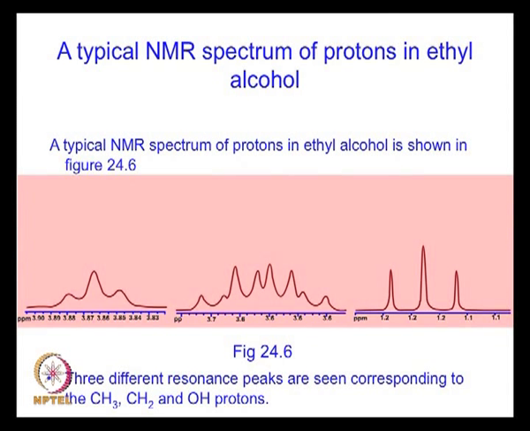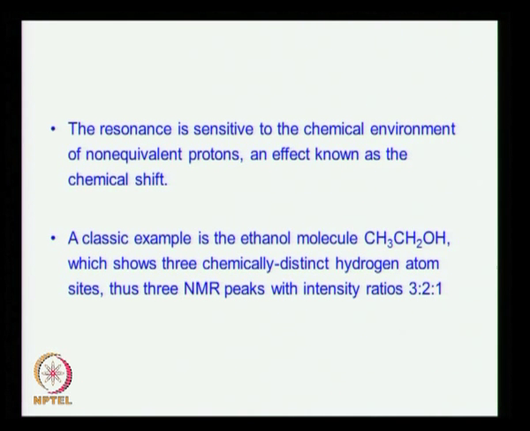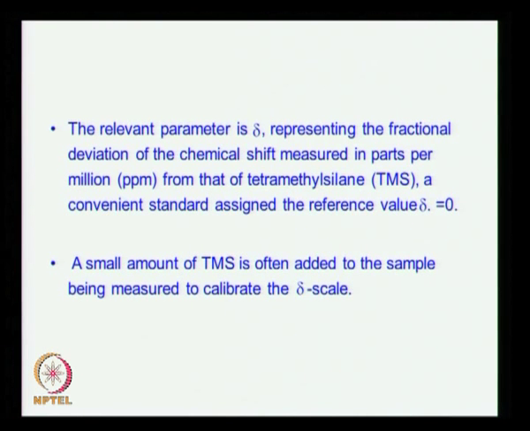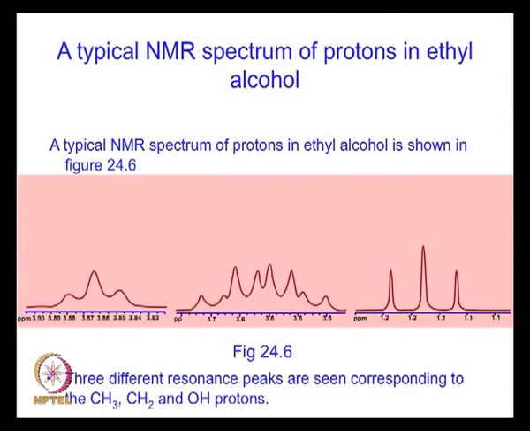So, there is a shift due to these internal fields, and so you get 3 sets of NMR resonance peaks. I do not want to go into the details of the additional structure which you see there and so on. So, you can get a lot of information about the chemical environment, and then the intensity ratios can tell you about how many protons are there.